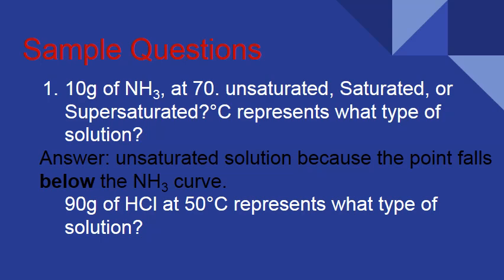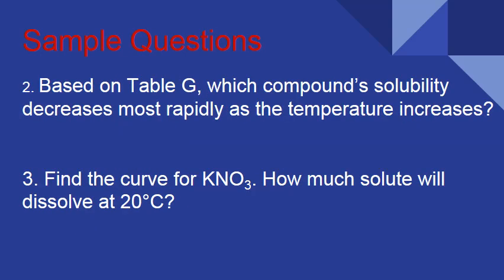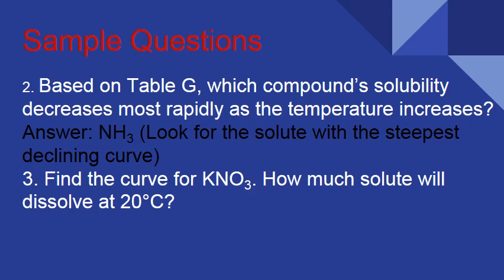Number 2. Based on Table G, which compound's solubility decreases most rapidly as the temperature increases? The answer is NH3, because it is the solute with the steepest declining curve. Number 3. Find the curve for KNO3.